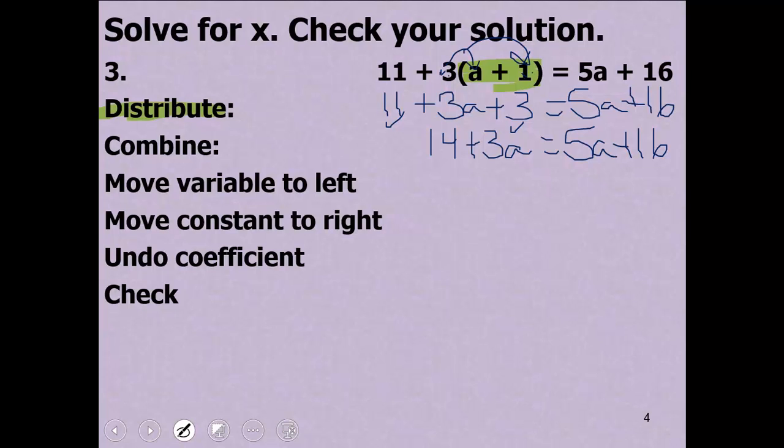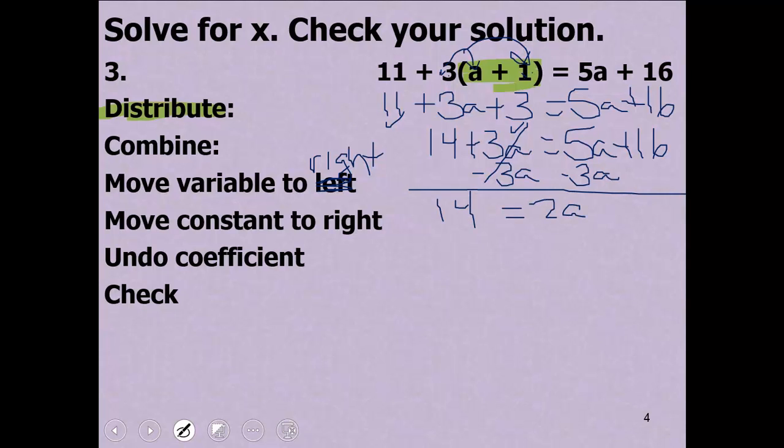I'm going to move my variables to the right so I can keep them positive, just because I feel like it. So I'm going to subtract 3a. That leaves me 14 is equal to 2a plus 16.